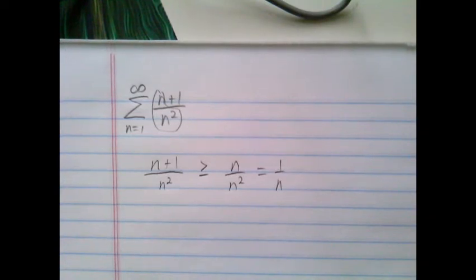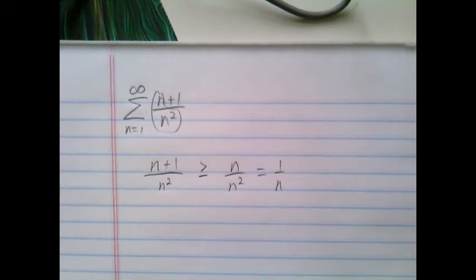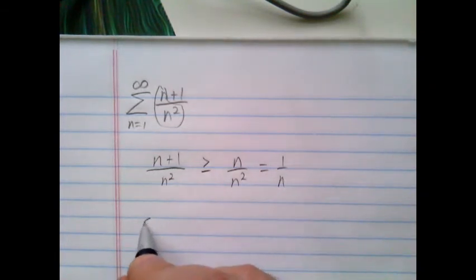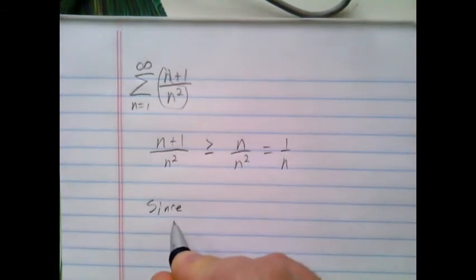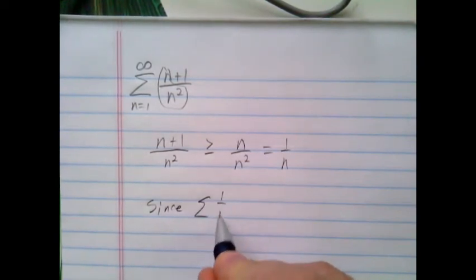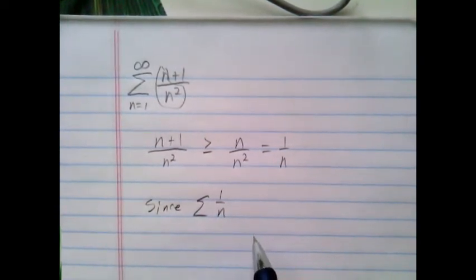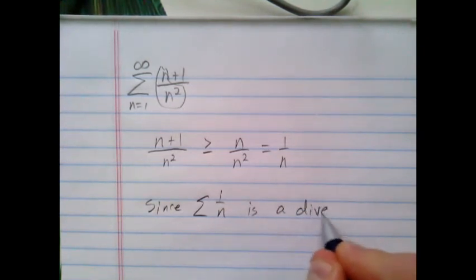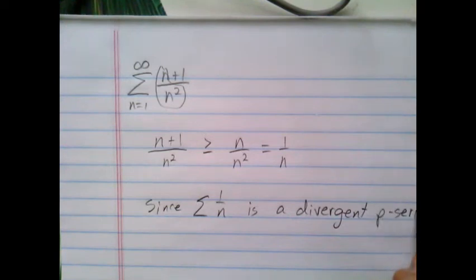So really, I have less to do here. Since I have less to write on this one, since the series whose nth term is 1 over n is a divergent p-series.